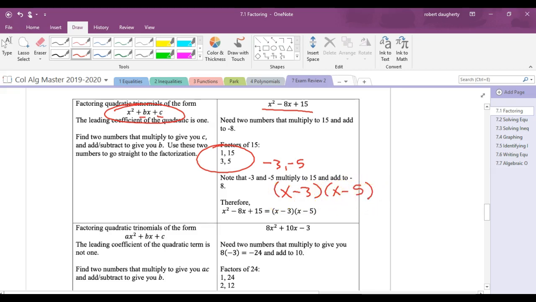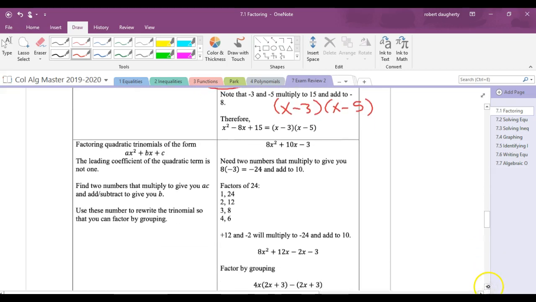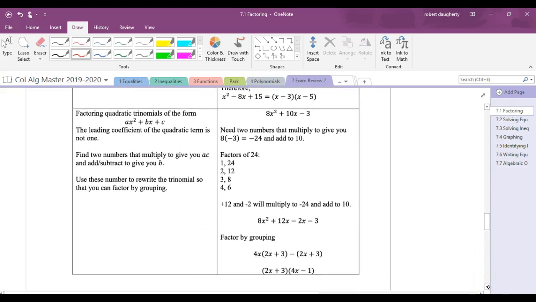Now, where it gets a little bit different is when you see something where the number in front of the x squared is not a 1. Here I have to find two numbers that multiply to give me, you multiply these first and last numbers, negative 24, and add to 10.